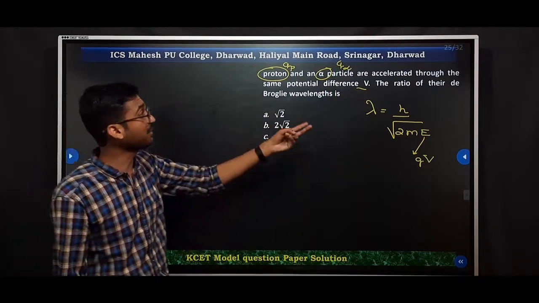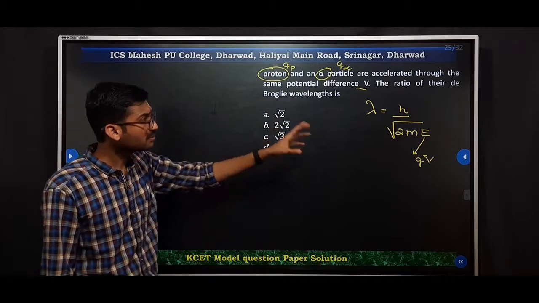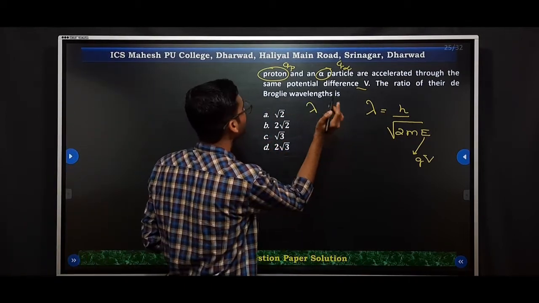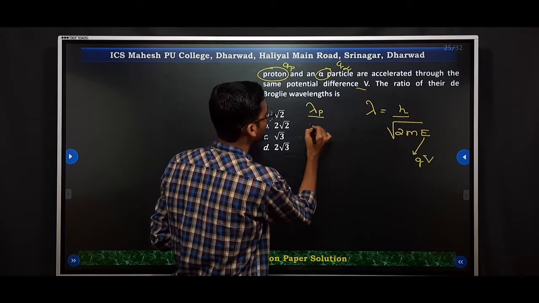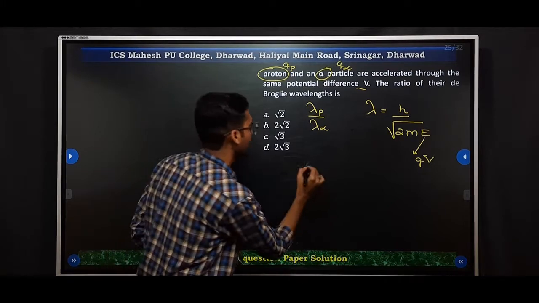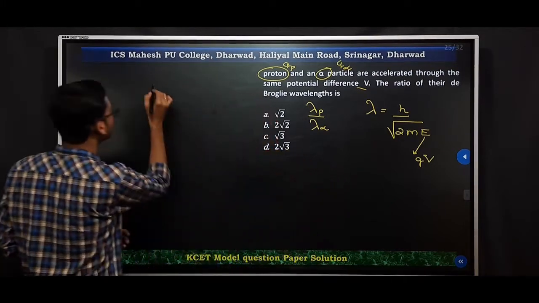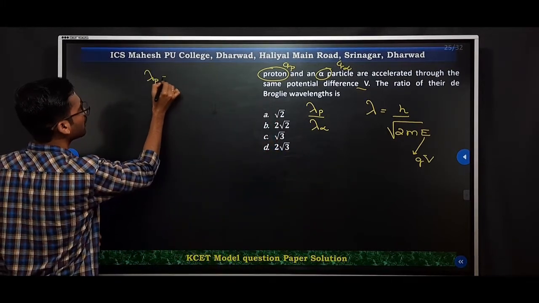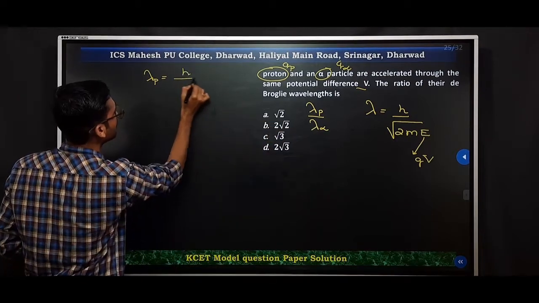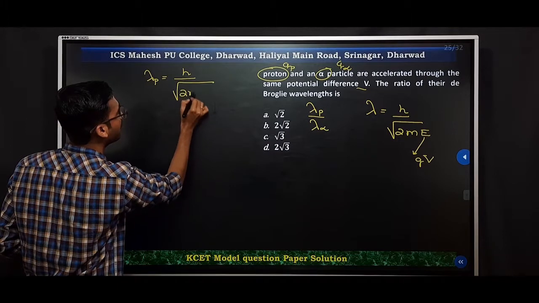Therefore we have to write the ratio, that is lambda for the proton to lambda for the alpha particle. Let us write it now. First, lambda p for the proton: lambda p is equal to h divided by under root of 2m.